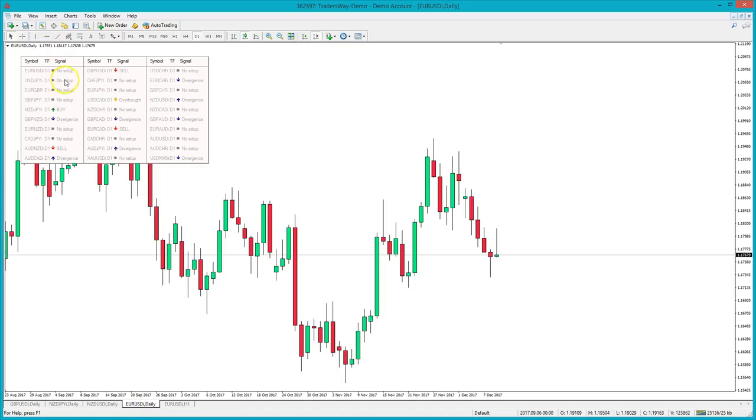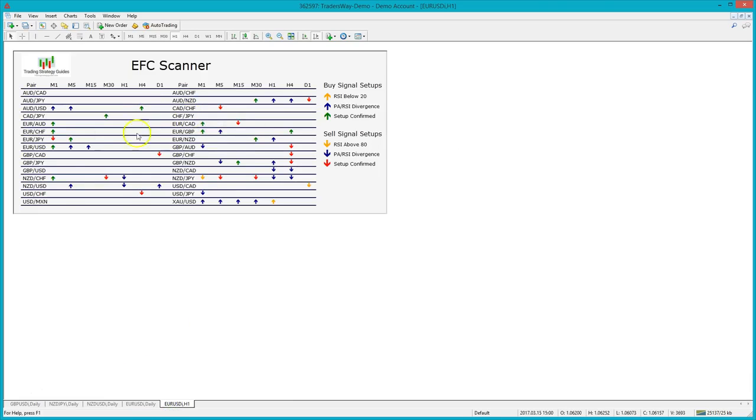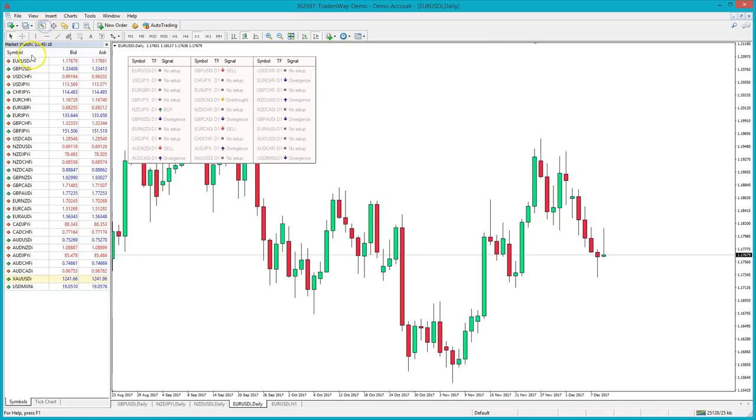What's really unique about this is it'll do any symbol. With the other one, you're limited to certain pairs. With this, you can use whatever's in the Market Watch. So whatever you're trading, if you're trading Bitcoin, which is really big right now, we've done a little bit of testing with the EFC.